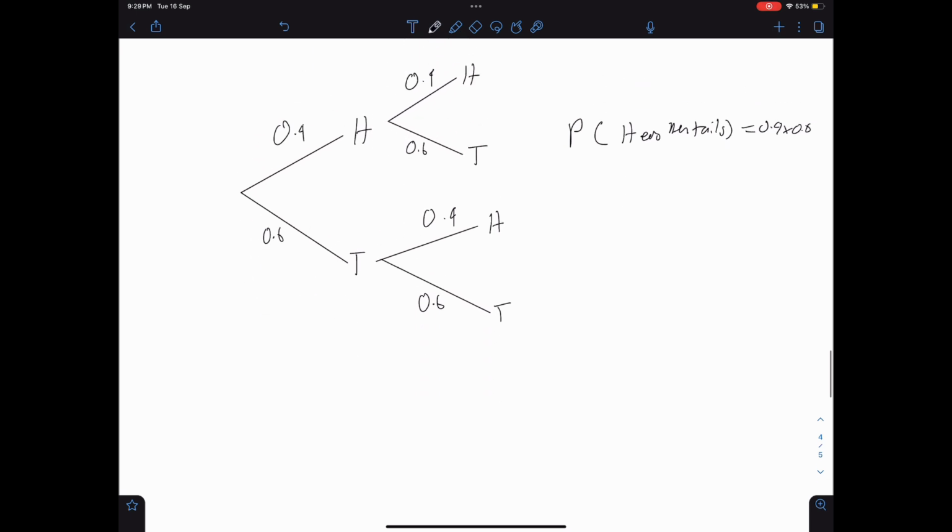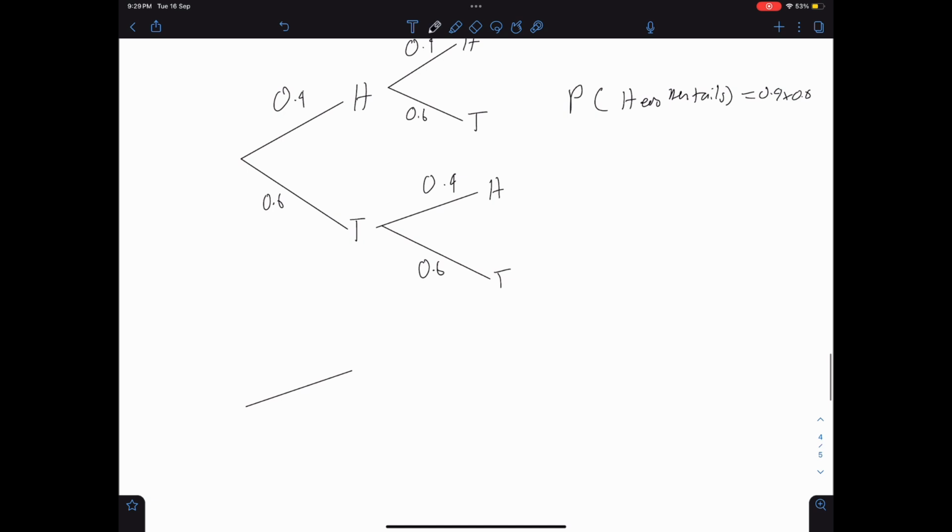Whereas, say, something a bit more conditional, maybe: I walk to school versus I drive to school. Late, not late. Late, not late.